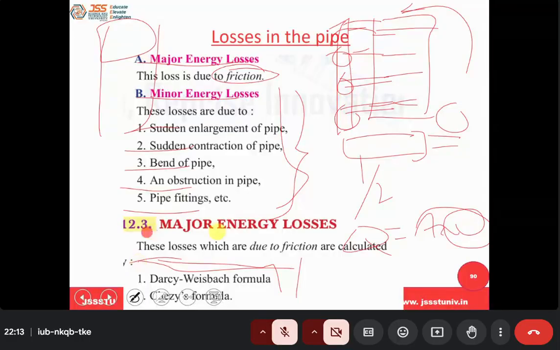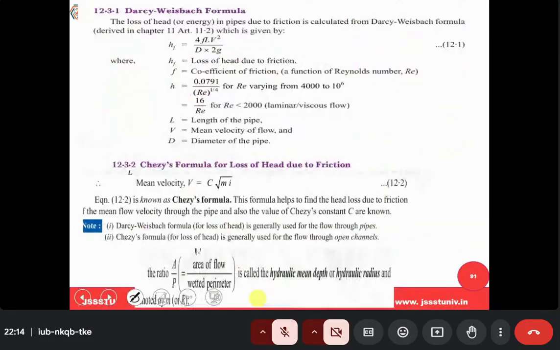So here, in order to calculate the major losses, there are mainly two scientists who contributed their work on that. One is Darcy, another is Chezy. So that is called Darcy-Weisbach formula, and another formula is called Chezy's formula. Darcy-Weisbach formula is mainly used to calculate the head loss due to friction.